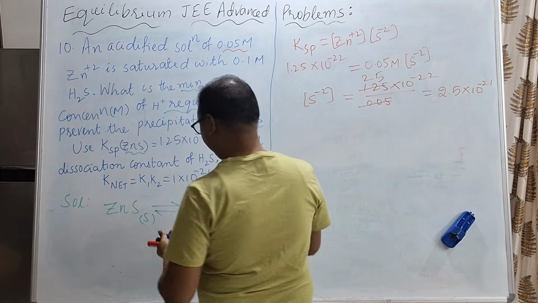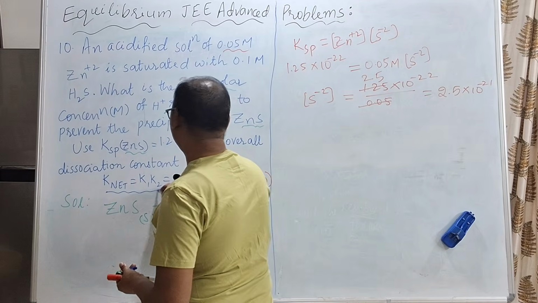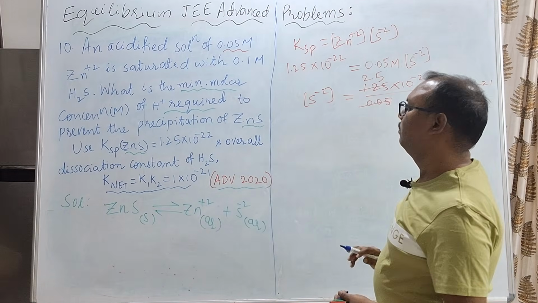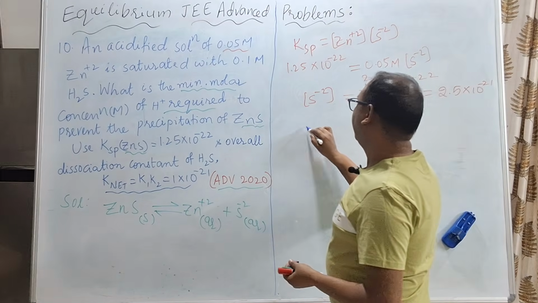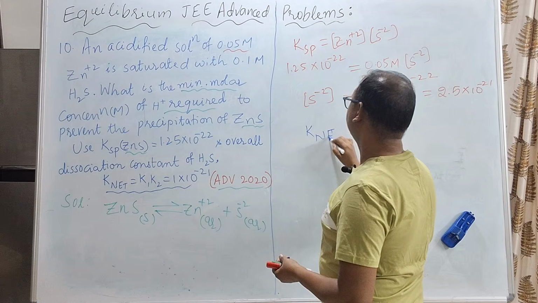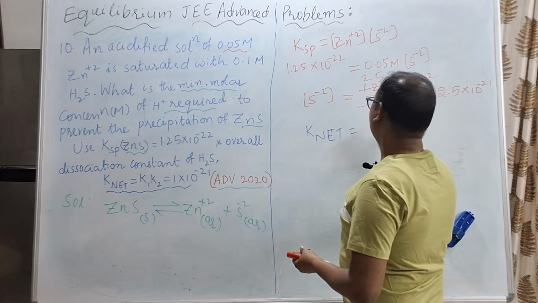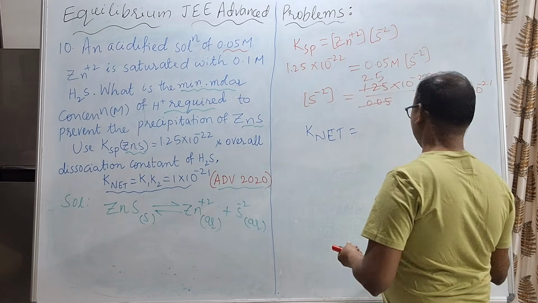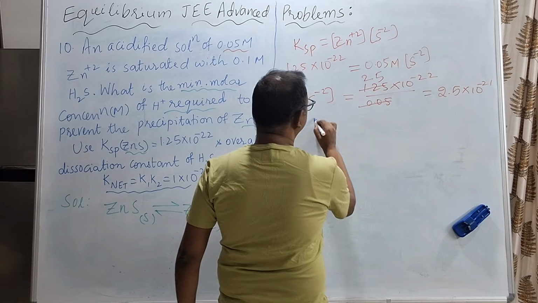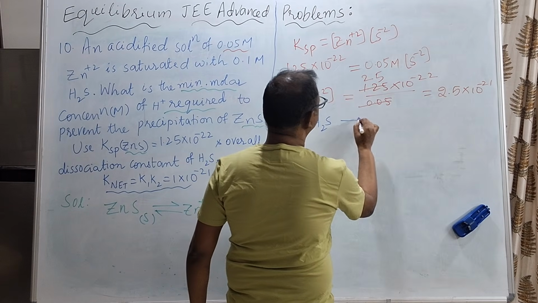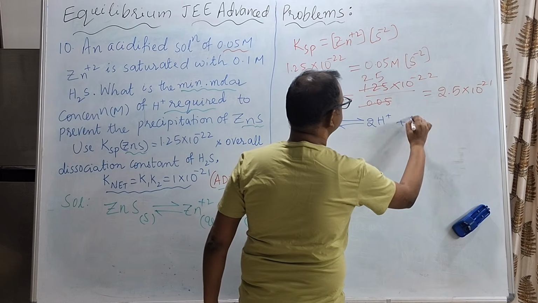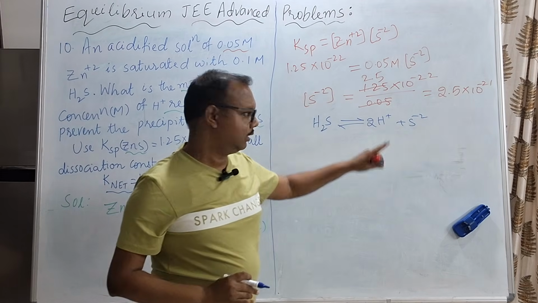But here K net is also given, the K net for H2S. I am writing one more step for the betterment: H2S gives rise to 2H+ plus S2-.